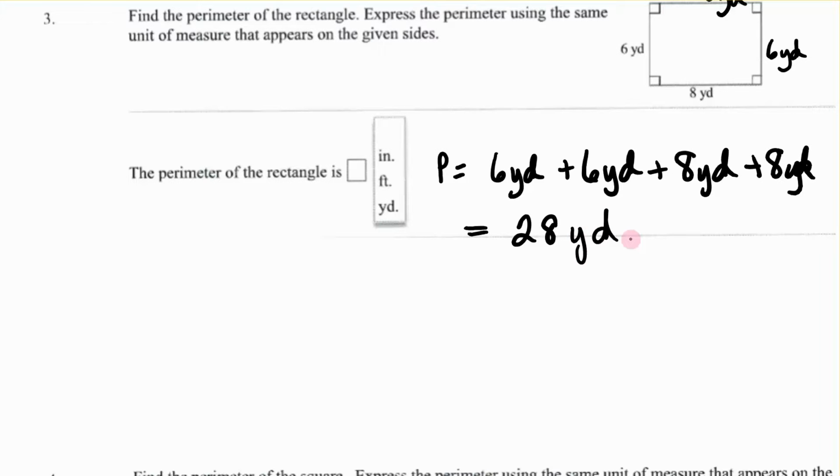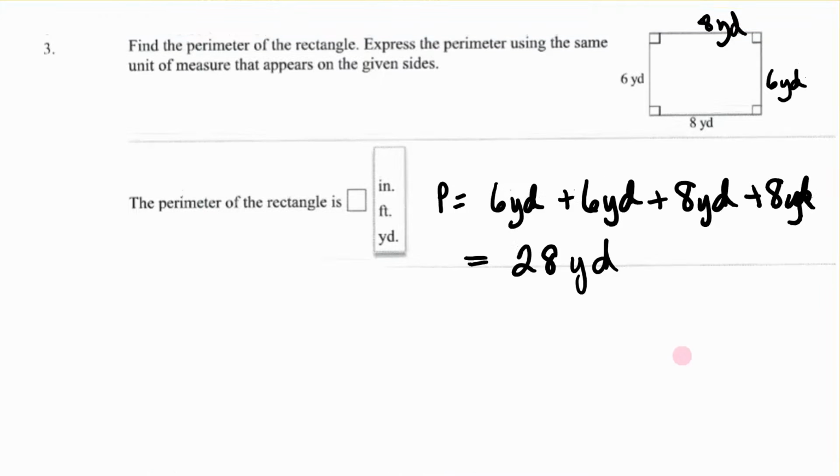yards. Now, some of you may be remembering about rectangles that there was an old formula. It is 2 lengths plus 2 widths. And that's fine. It's a specialized formula. It doesn't matter which one is length and width. Most people think of the length as being the long one.